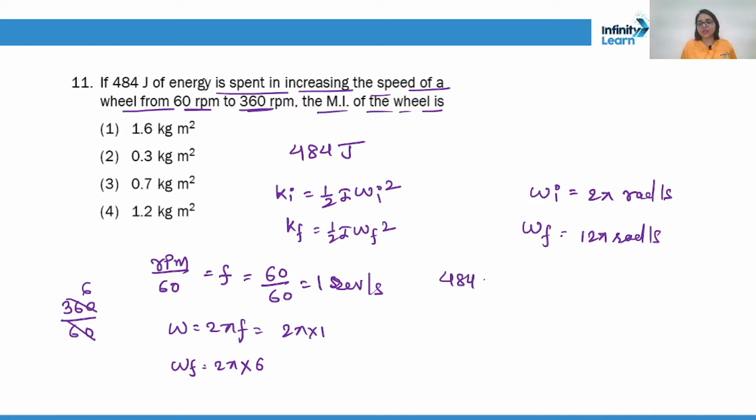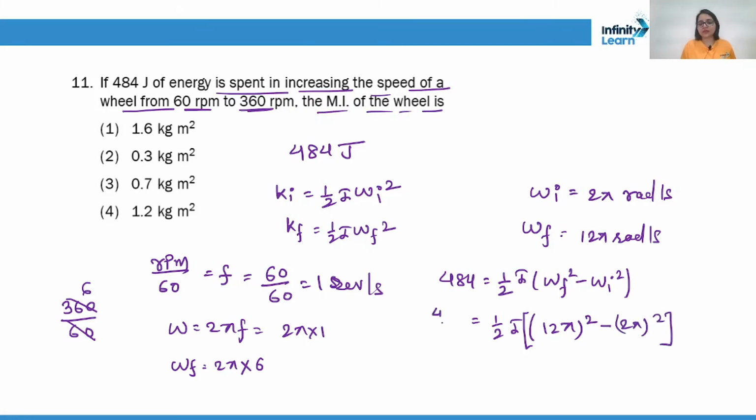Change in energy is K final minus K initial, so it is half I times omega final square minus omega initial square. So it will be half I times 12 pi square minus 2 pi square, and this equals 484. So when you solve this equation, you'll get the moment of inertia as option 3.7 kilogram meter square.